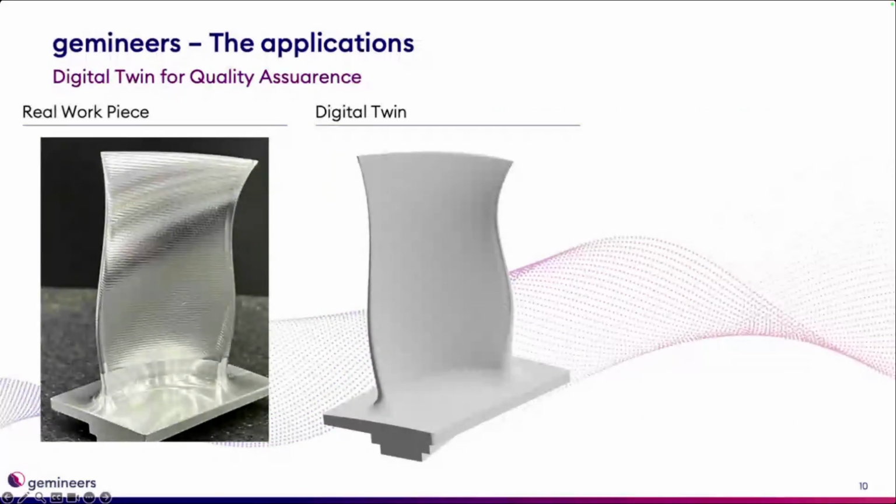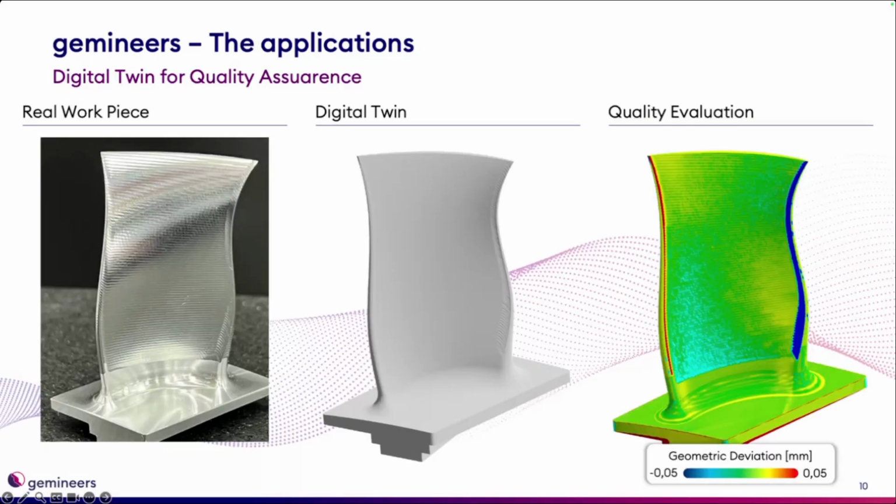We are now able to compare the digital twin to the nominal geometry, and you directly have a quality evaluation. This was also our core idea when we started this project, to see how we can predict the quality. And do you get enough fidelity out of the model? Yeah, definitely.